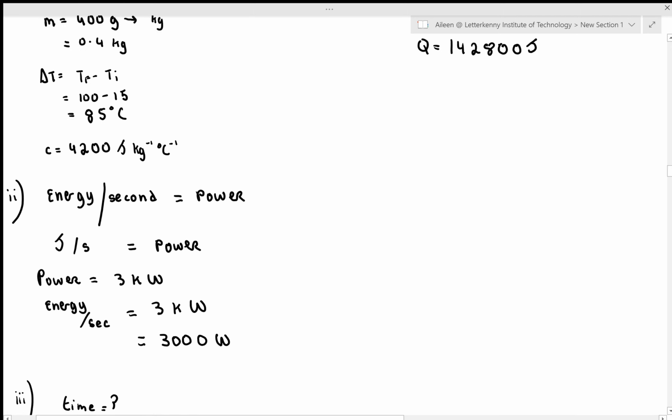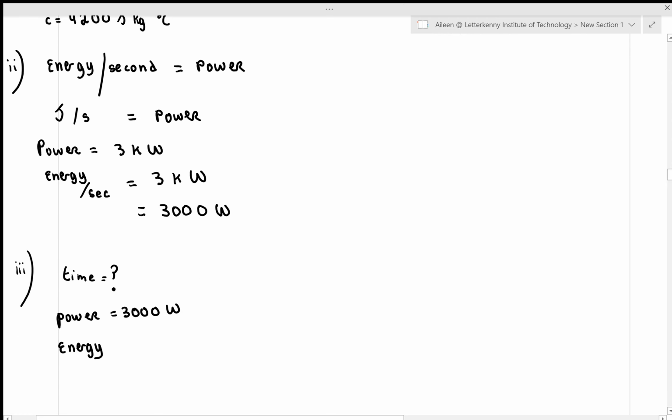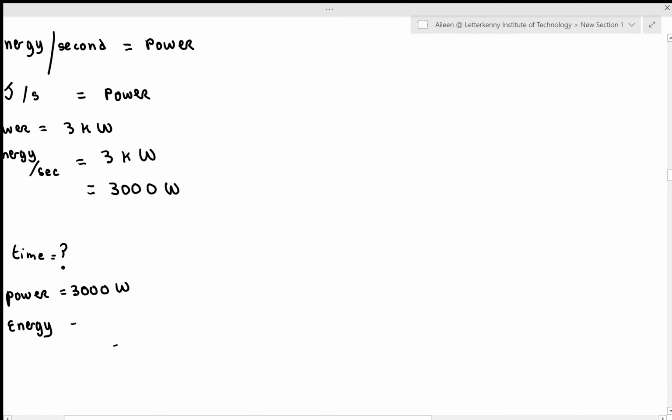So the amount of energy required is 142,800. So I want the time it would take to give 142,800 joules of energy when the power is equal to 3,000.